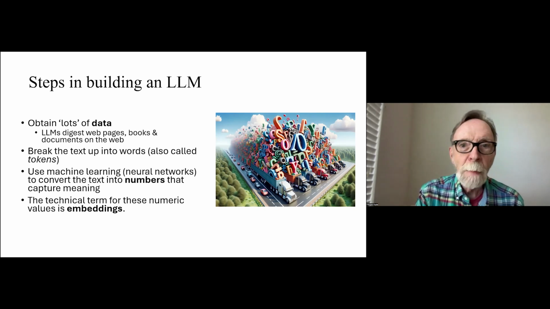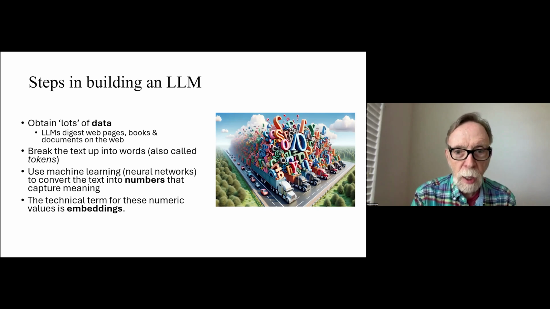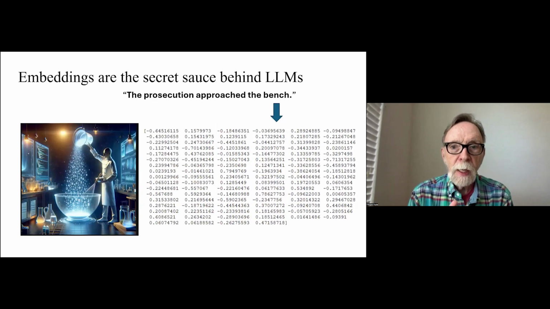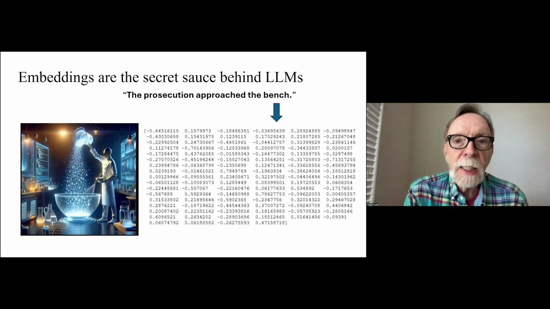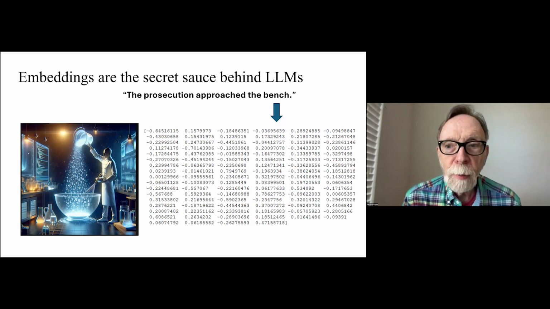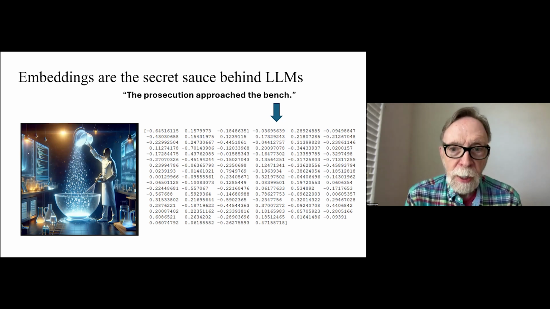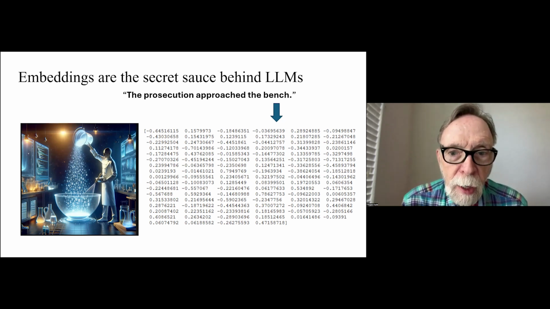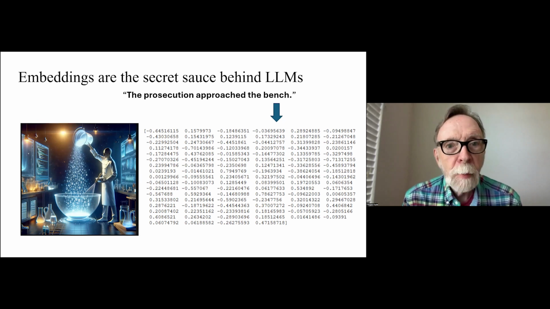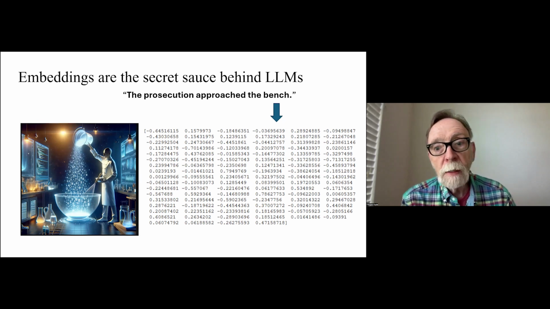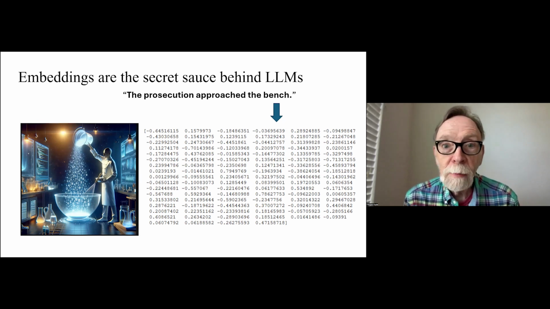So what does an embedding of a sentence look like? Well, let's take a look at the next slide. If you have a sentence, "the prosecution approached the bench," this will be converted into this giant array of floating point numbers, all between -1 and 1.